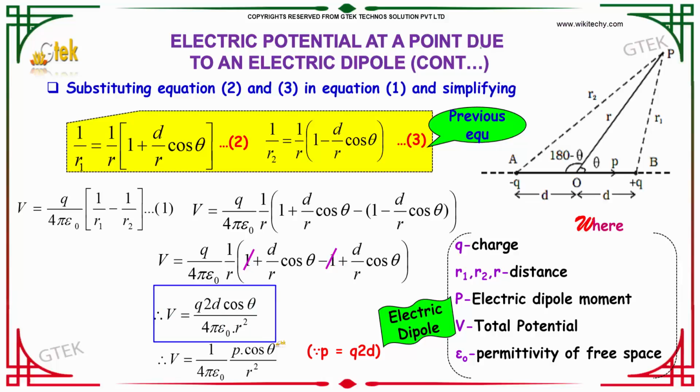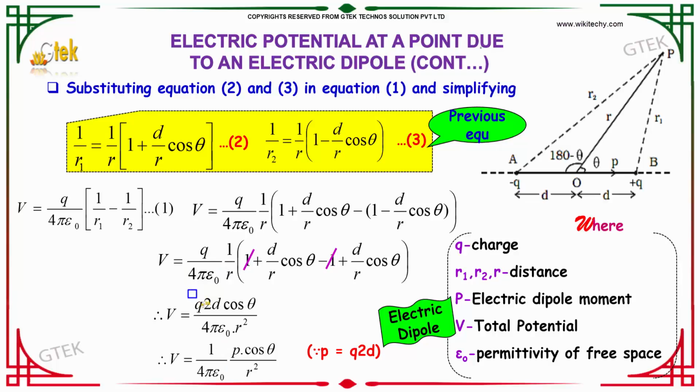Now the equation will become V equal to, this q will be there, this 4 pi epsilon naught into r, since it has been r square, because in the bracket we have 2 times of 2d cos theta divided by r. So if we multiply, it becomes r square.